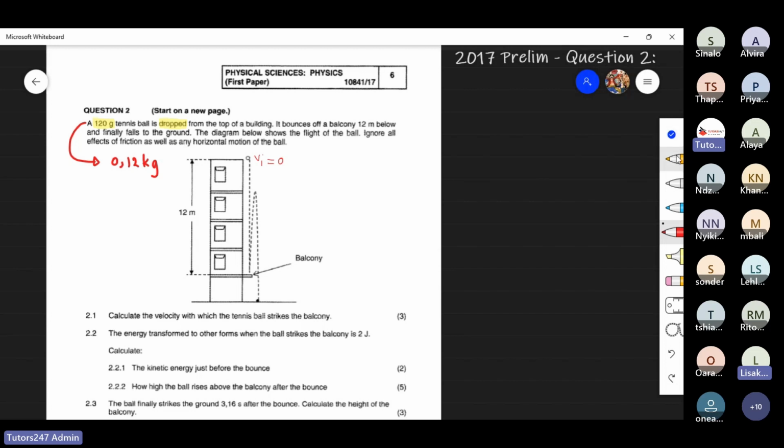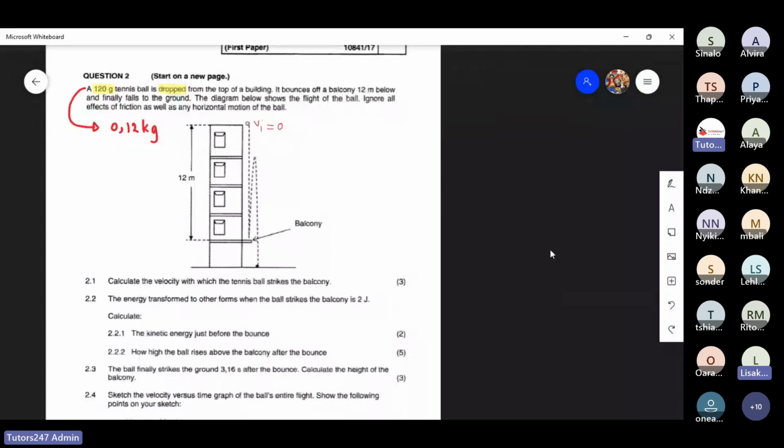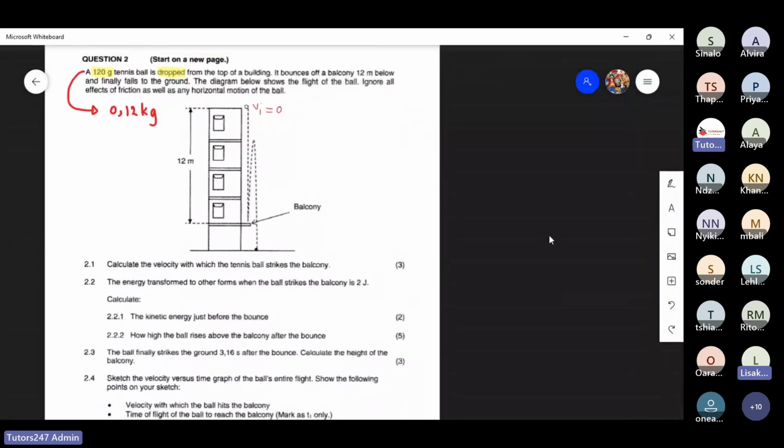So let us have a look at our first question. So we have question 2.1. Calculate the velocity with which the tennis ball strikes the balcony. So we need to calculate the velocity when this tennis ball hits the balcony.